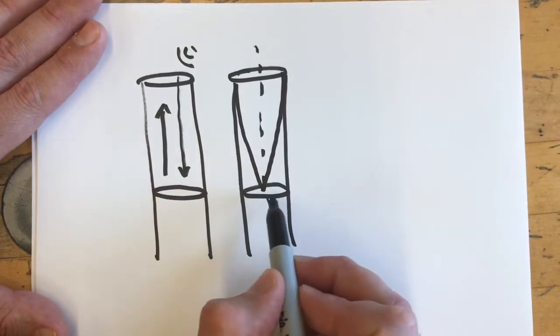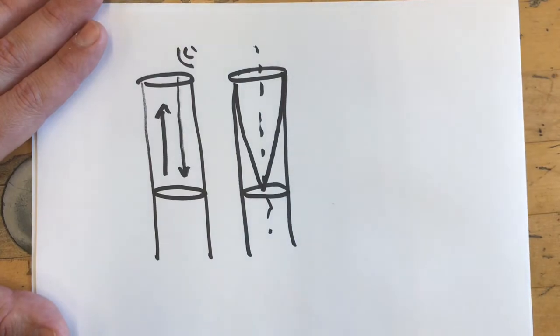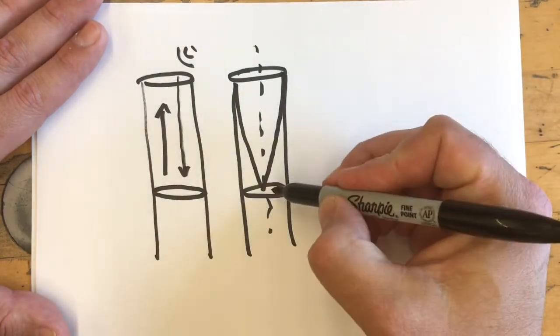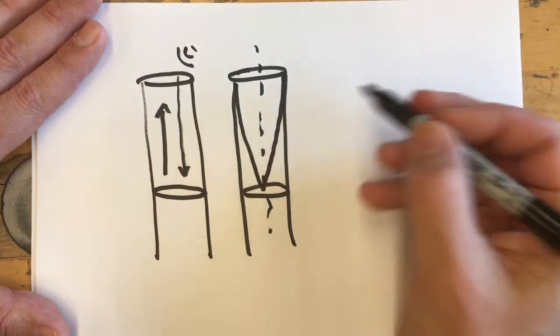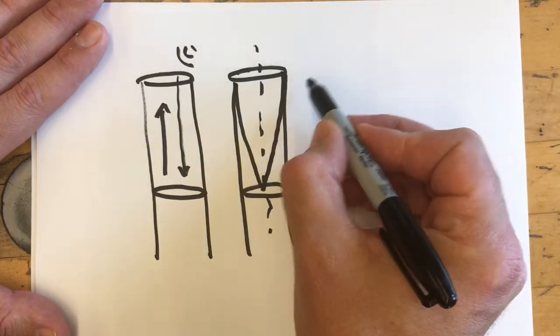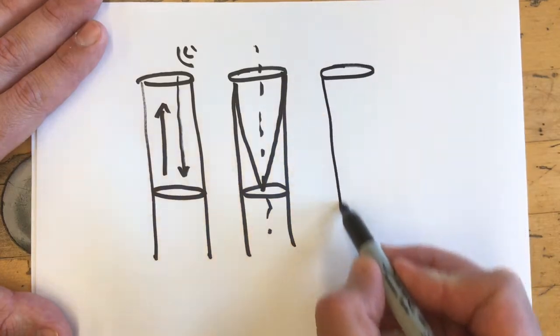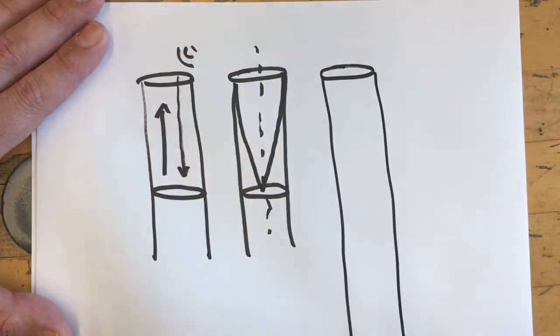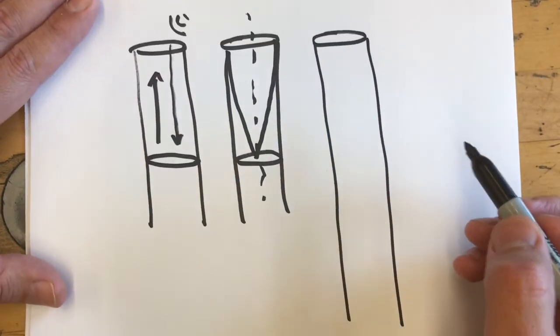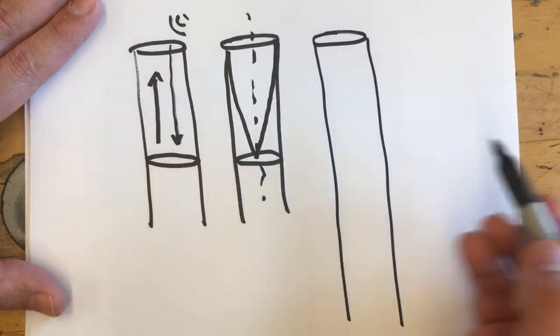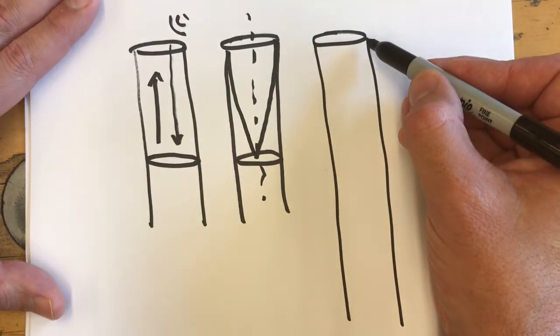And the reflection here happens when the molecules can't displace, and so you get a wave bouncing back up. It turns out that you'll get a resonance or standing wave in the tube if the wavelength and the speed of sound is such that you can fit a half-odd integer number of waves in there.